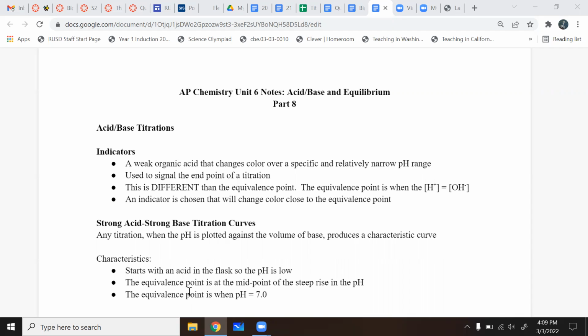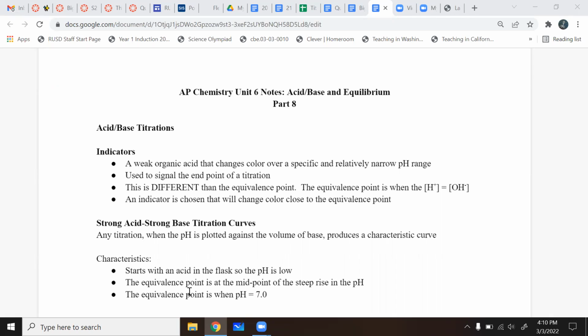In a titration, which all of you have done with me before, we use an indicator to locate our equivalence point, or at least approximate our equivalence point when we do a neutralization of an acid with a base. An indicator is a weak organic acid that changes color over a very, very specific narrow range of pH values.